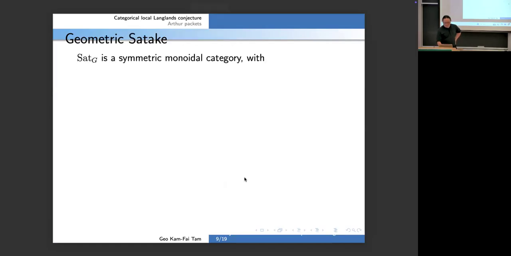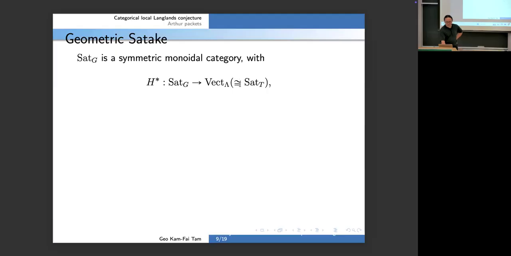So how does it work? This Satake category is a symmetric monoidal category. So there's a product that you can take in this category using Lusztig's convolution. And it is also equipped with a hypercohomology functor from the Satake category to the category of vector spaces over the scalar field lambda.